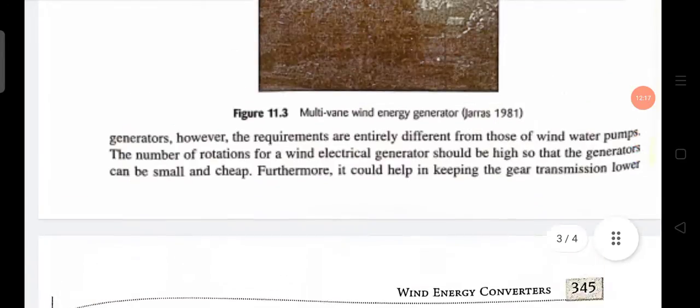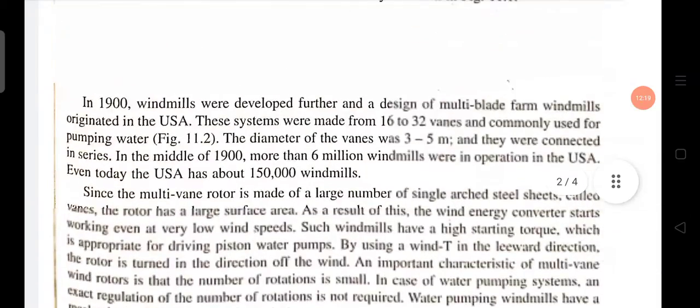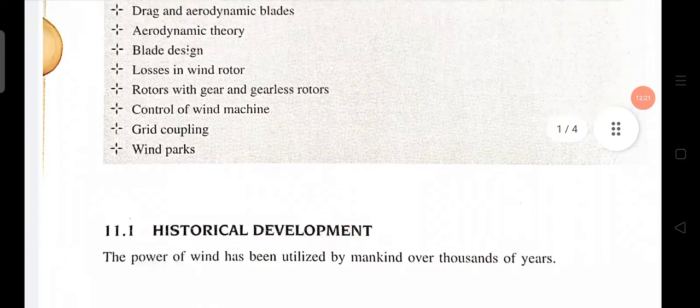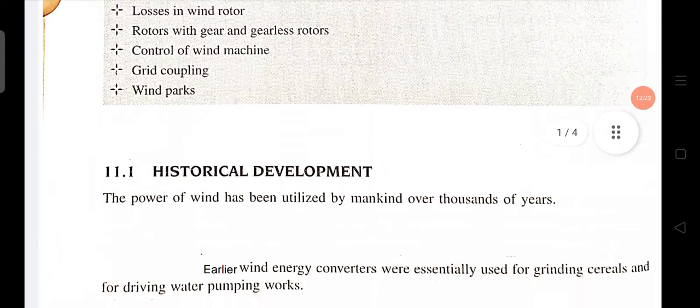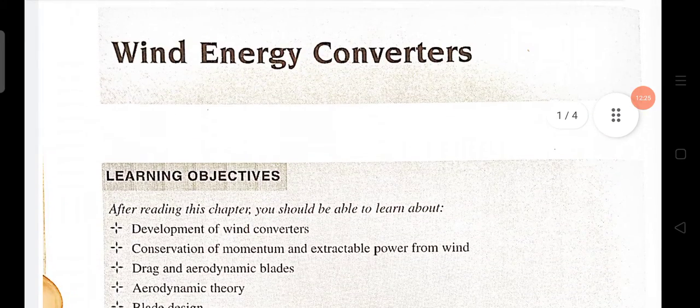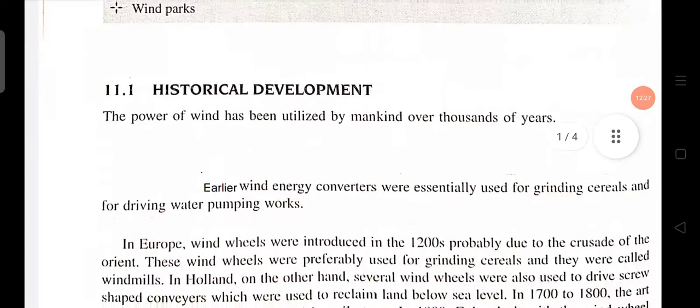That's all. This is the history of wind energy converters.